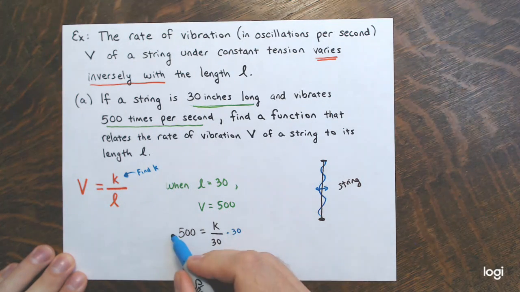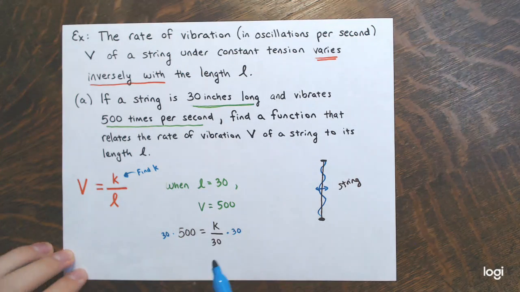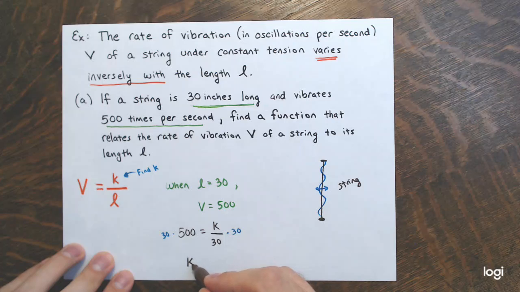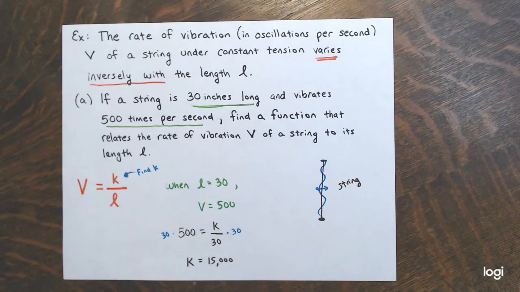To undo that, I multiply by 30. This side is k, and this side would be 15,000, 30 times 500.